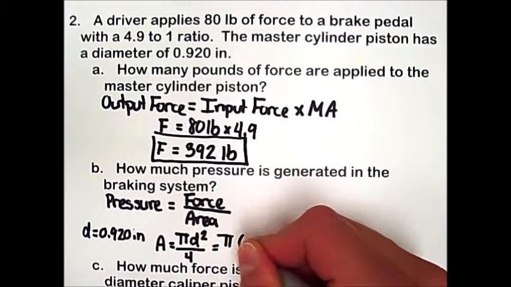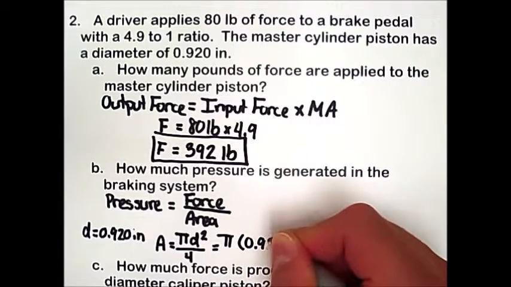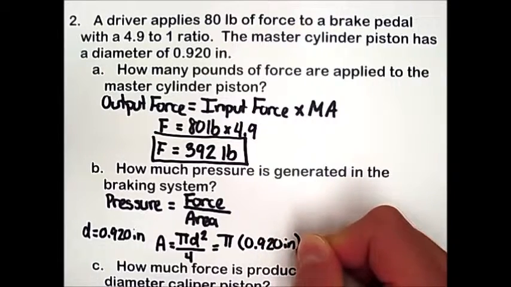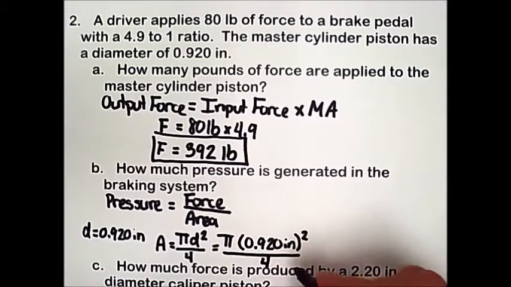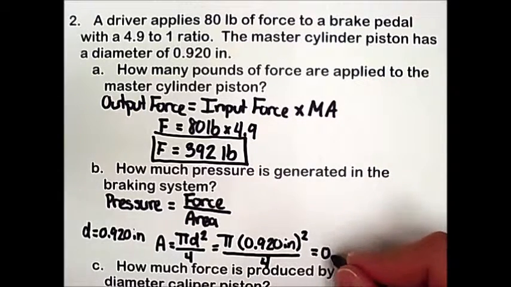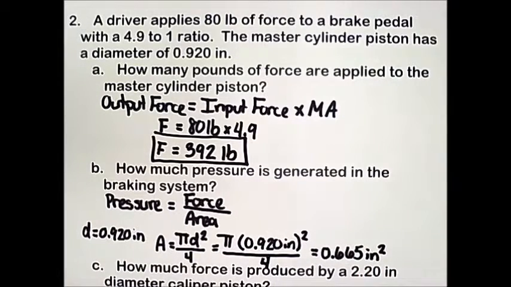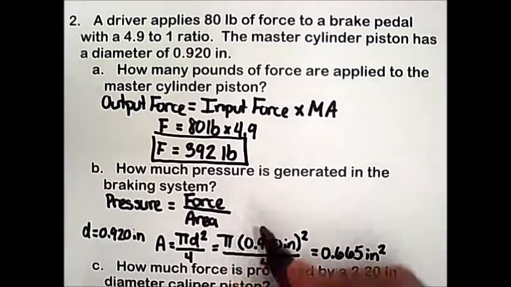And again, we're told that our diameter is 0.920 inches, so we have to square that and then divide by 4. So when we take 0.920 squared multiplied by pi divided by 4, we should get an area of 0.665 square inches. So now this is the area that we can use to calculate the pressure.